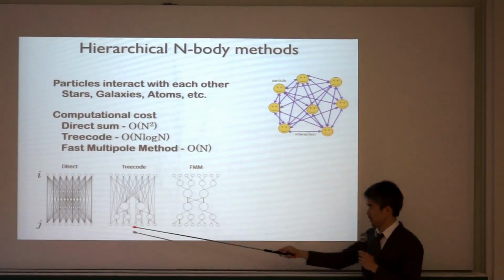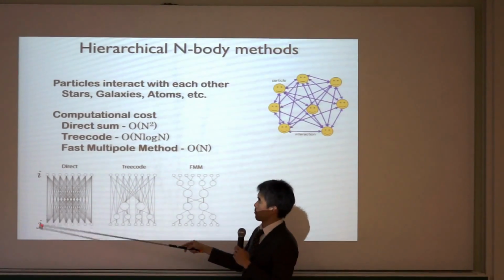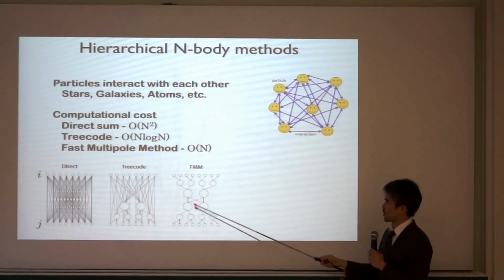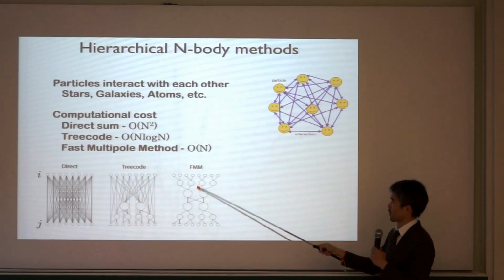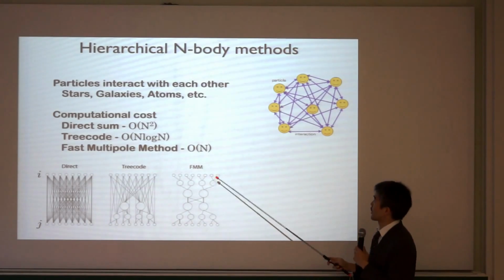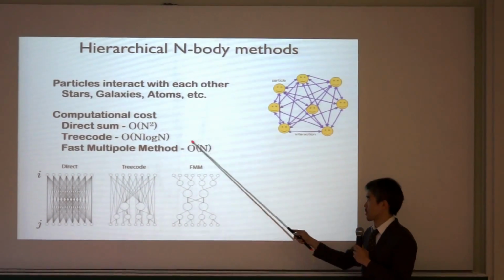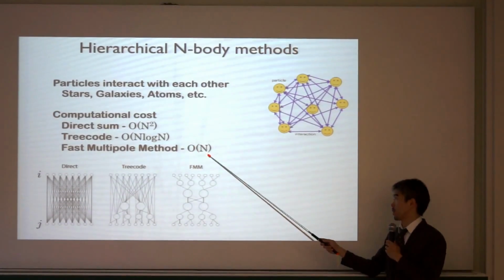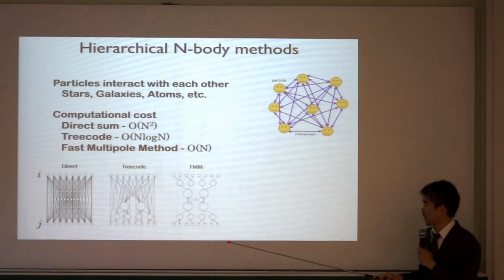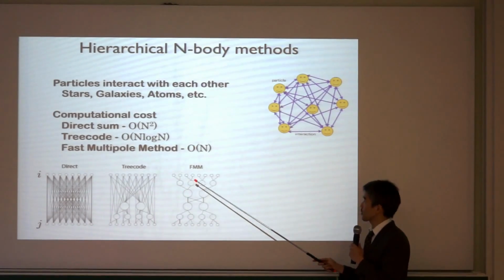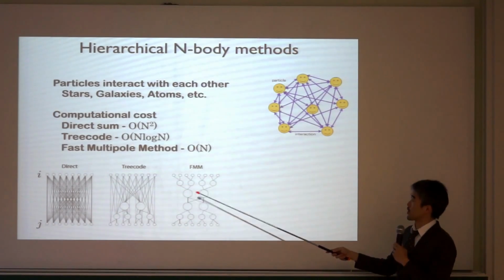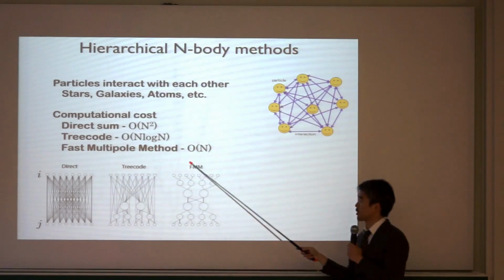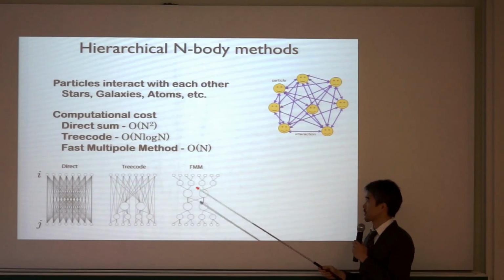So it clusters the j particles and the i particles and creates a tree for both the source side and target side. And so this being order n is very important when n becomes like billions and trillions. So this is the difference between these three methods. I'll be explaining about this one in the following lectures.